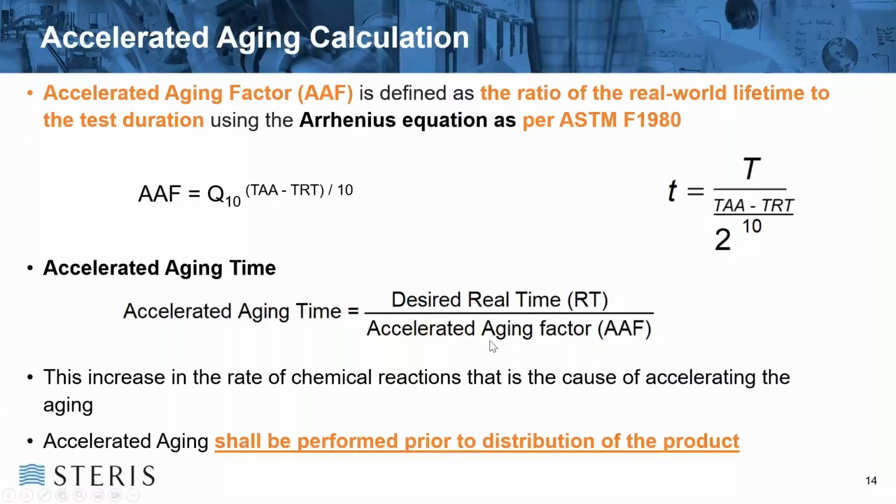That's what it'll calculate out to. So you can very easily and very quickly define what your actual accelerated aging factor is going to be. This basically increases the chemical reaction rate and causes the accelerated aging to happen. One thing you must note is that the accelerated aging must be performed prior to distribution of the product, or prior to release of the product commercially.